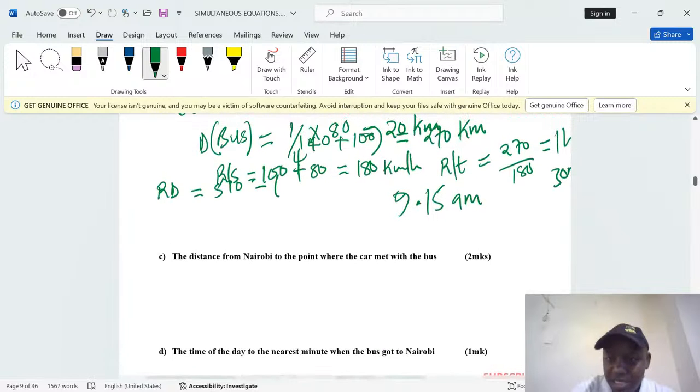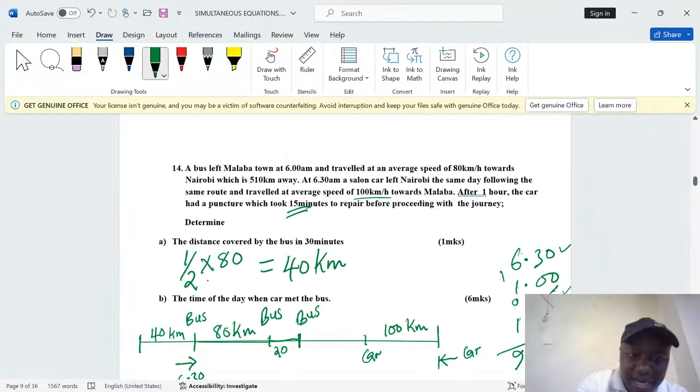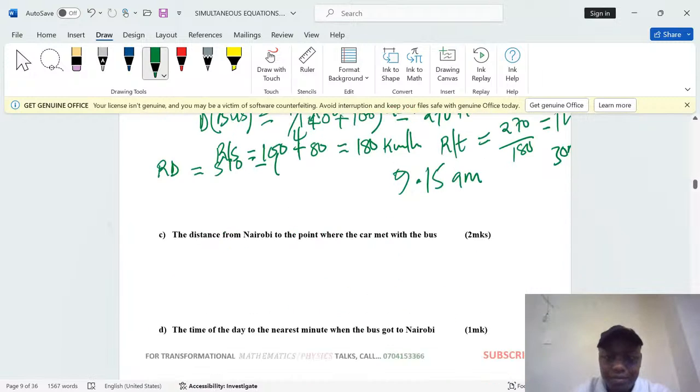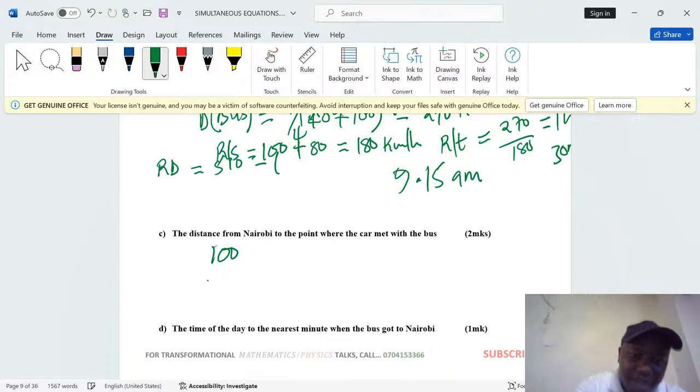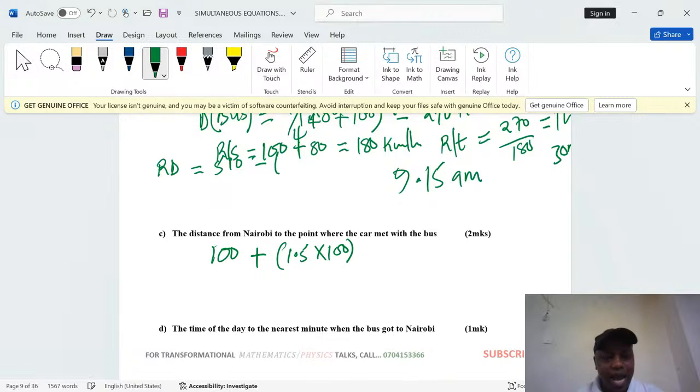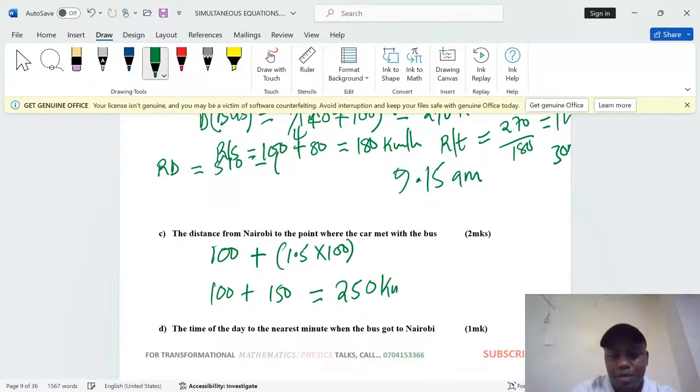Therefore, for them to meet, the car has already covered 100, and it's going to cover 1.5 hours traveling at a speed of 100. So it had covered 100, and it is covering from Nairobi 150 more. So this will be 250 kilometers from Nairobi to the meeting point.